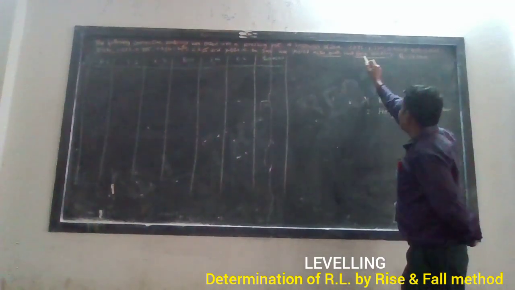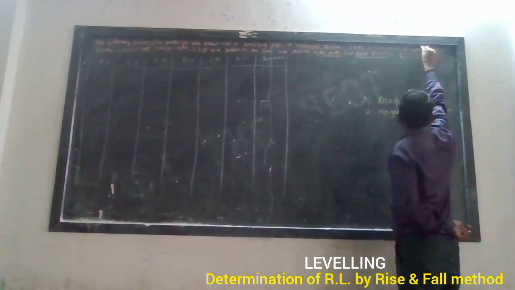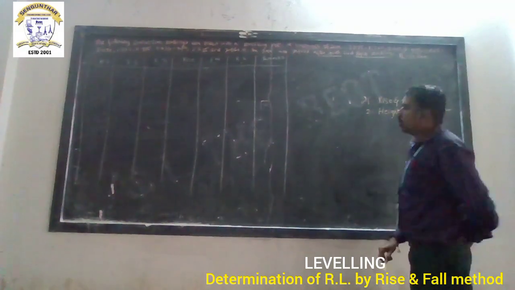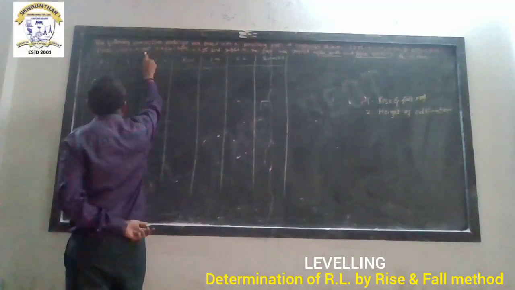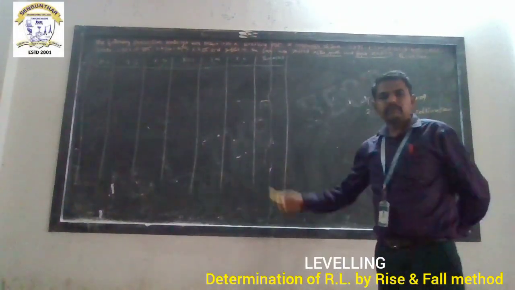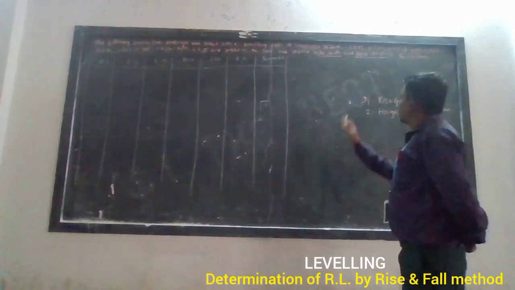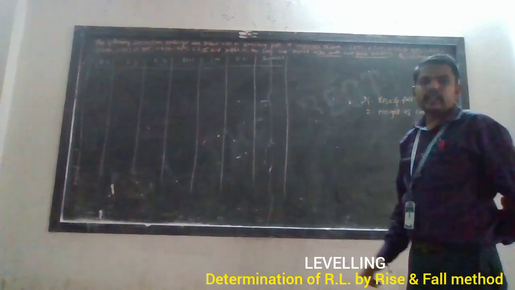So we just mark the 4th reading. This is the 4th reading. I just mark it with a circle. After that 5, 6, 7, 8. So I marked the 4th reading and the 8th reading in the problem, because that is the parameter to work out the values in the tabular format, right?